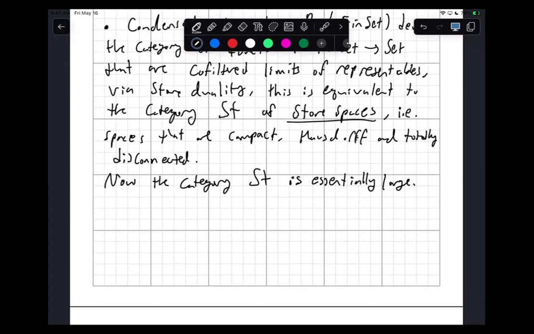Basically, what you see in the literature is two ways of getting around the issue. This is what Scholze does. Scholze is the Fields medalist in algebraic geometry and arithmetic geometry.